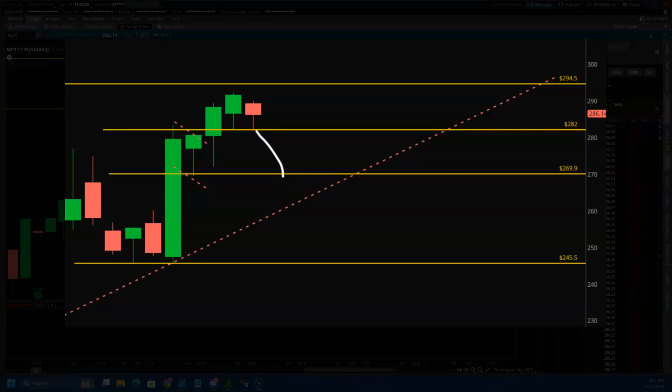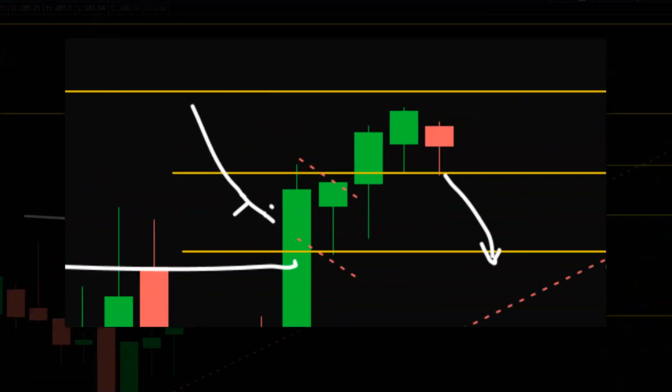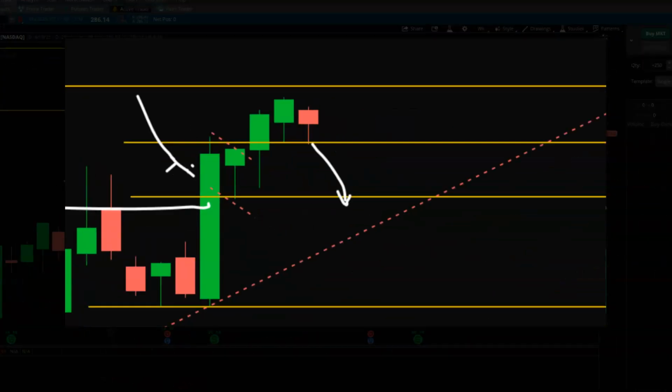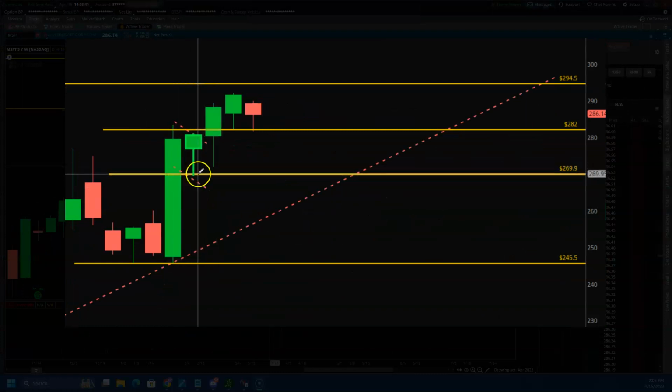If it breaks down towards 269, 270, definitely that was the resistance that this bar broke out of, and then we tested that level multiple times, right here, 269.9, 270. So that can be your swing level, right here between 270 and 260, somewhere around that.